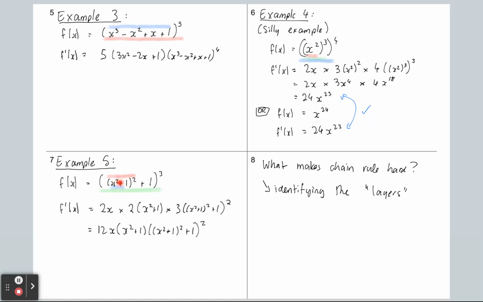That the inside layer here is x squared plus 1, and the next layer up is the squared layer, and the next layer up is the cube layer. So when you practice these problems, you are practicing identifying those layers, differentiating each layer, and then with practice, you should be able to successfully use the chain rule across any number of situations.